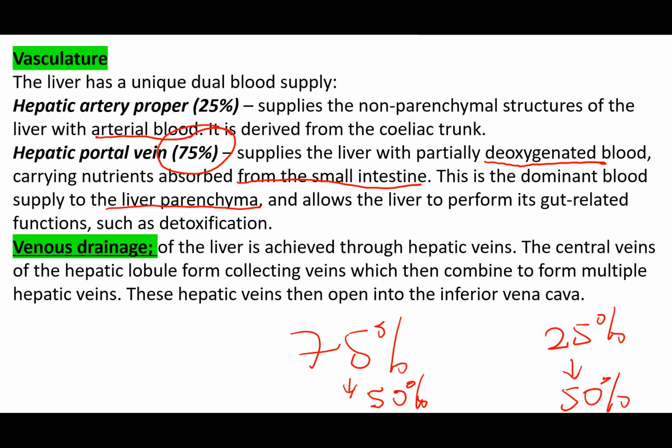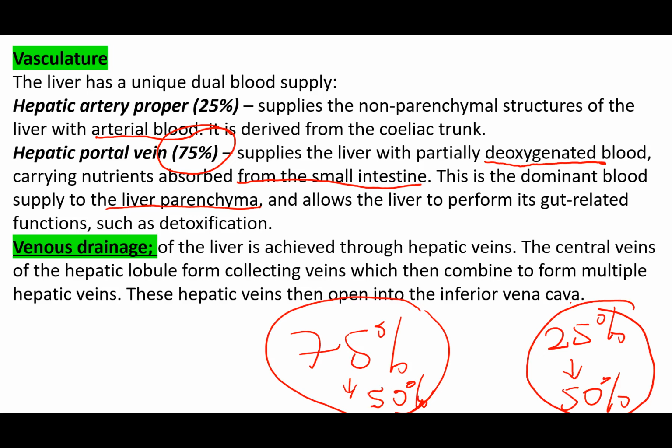Even though this is slightly deoxygenated, because the amount and the flow are higher than this 25%, the total amount of oxygen provided is roughly the same.